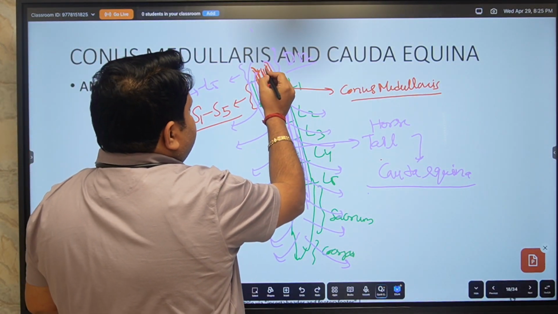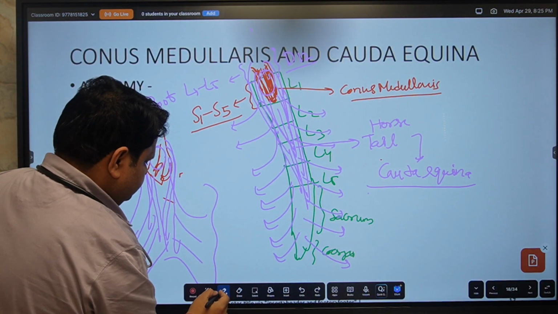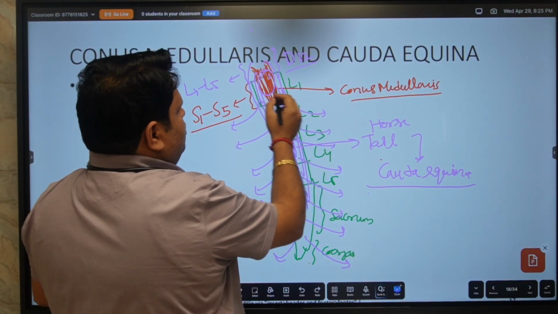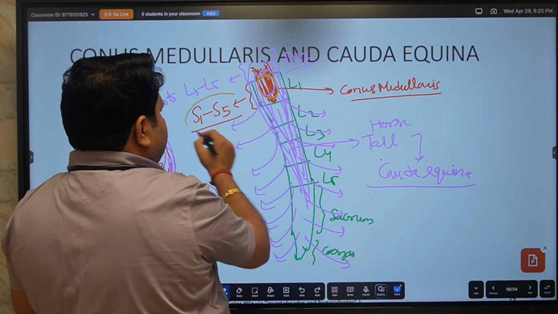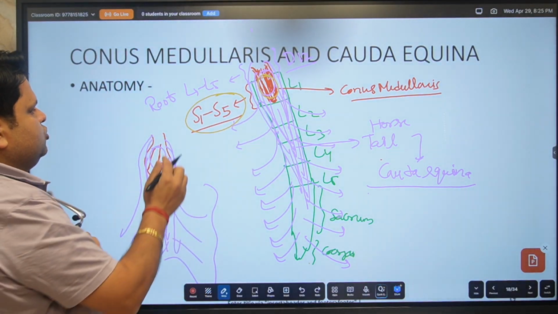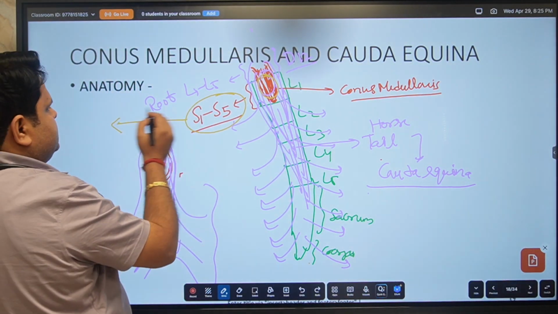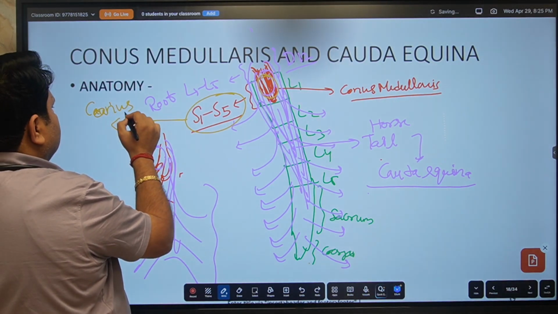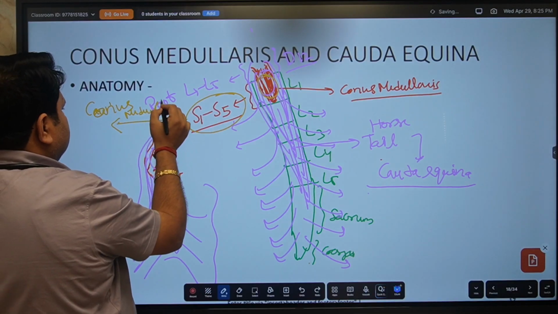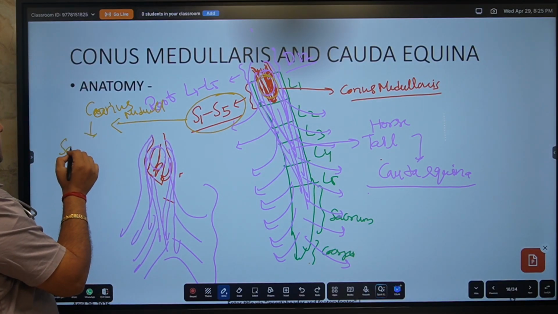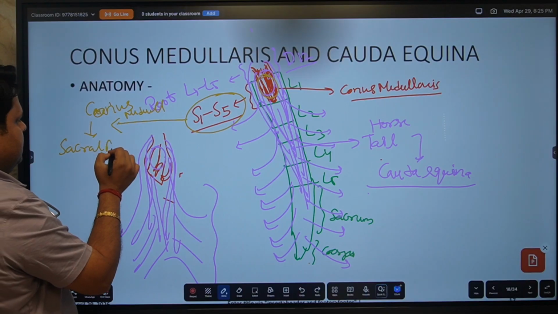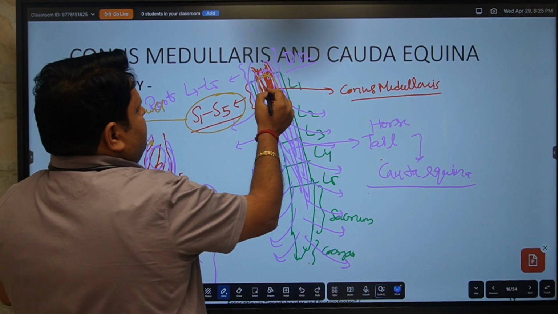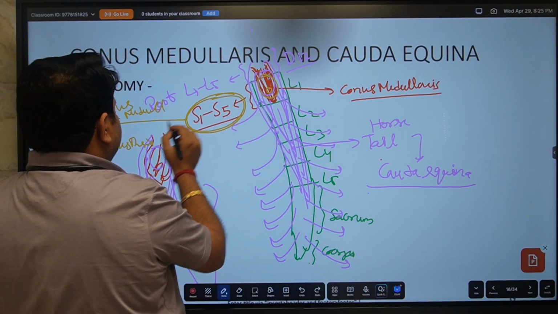So this is basically the spinal cord. In conus medullaris there is involvement of the S1 to S5 fibers. Sorry, S1 to S5 fibers are seen involved in the conus medullaris. So saddle anesthesia, and the bladder bowel fibers are also in the S1, S2 area.